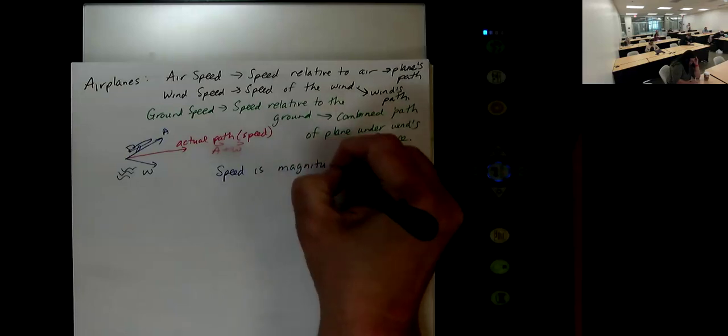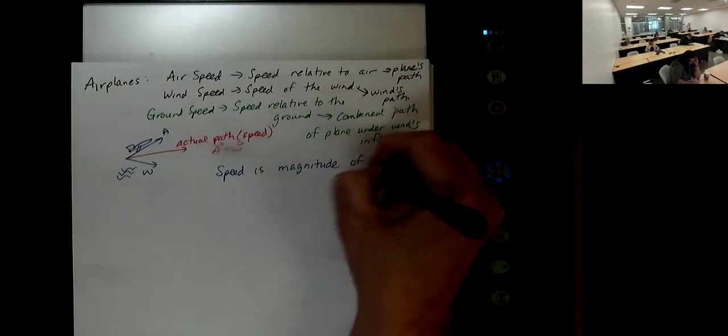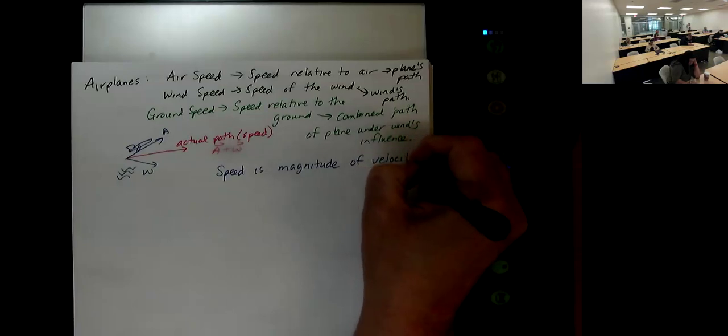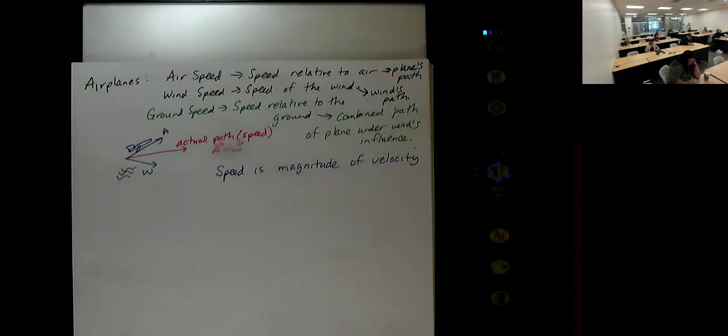Speed is just a number, as is magnitude, but velocity is speed with direction. It's how fast it's going, but not necessarily what direction it's going.